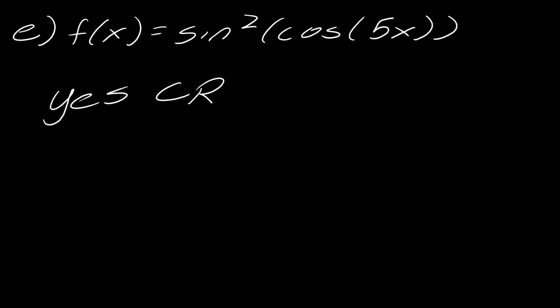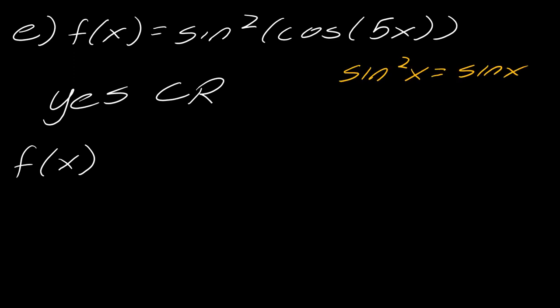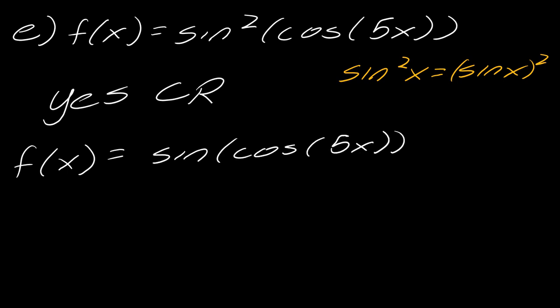Now, this is actually a little bit tricky. This squared is a little misleading. So remember that in general, I'll write this on the side: sine squared of x is the same thing as sine x squared. You might find it very helpful to write it out like this when you're trying to use the chain rule, because if I rewrite this function, this is really going to be sine of cosine of 5x, and then all of that is being squared.